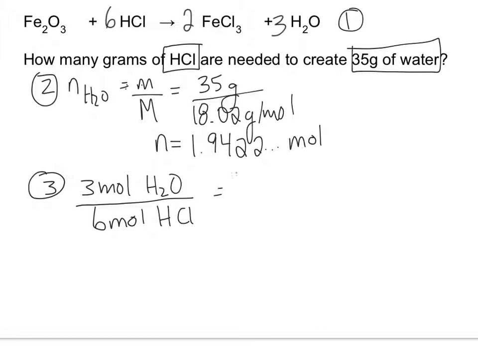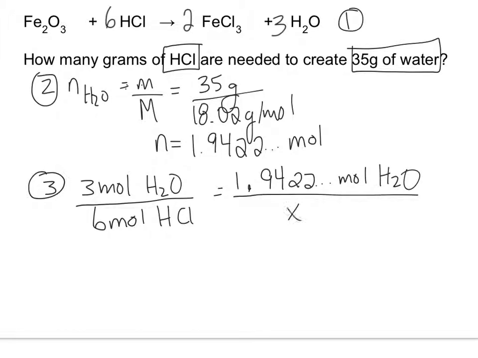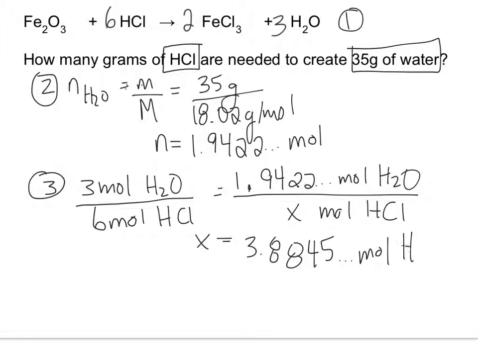We also just calculated that we've got 1.9422 and so on moles of water, and we want to find the number of moles of HCl. So solving this, we would cross multiply, so you'd have 3x is 6 times 1.9422, and you would get 3.8845 moles of HCl. Okay, and that is our third step.